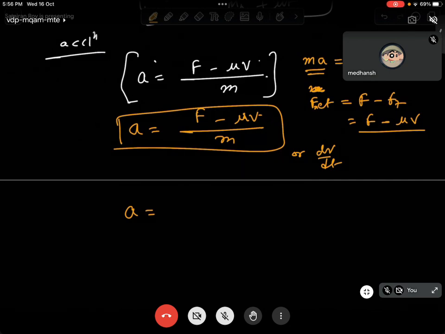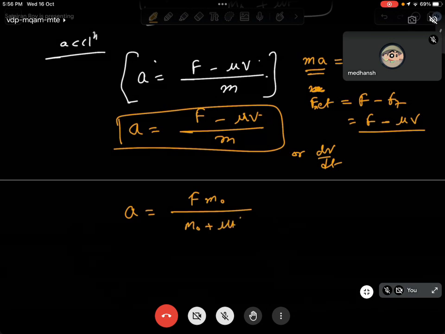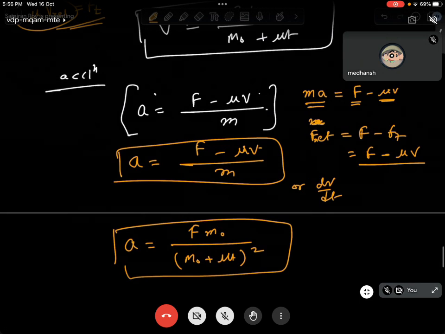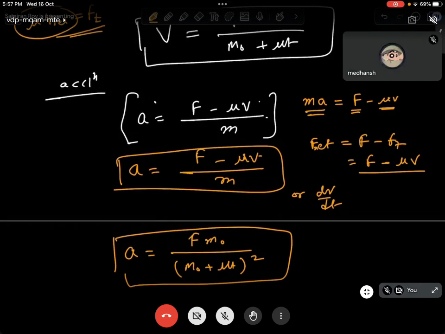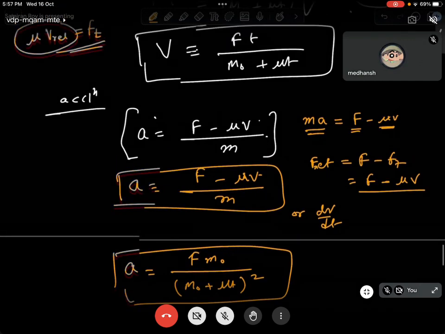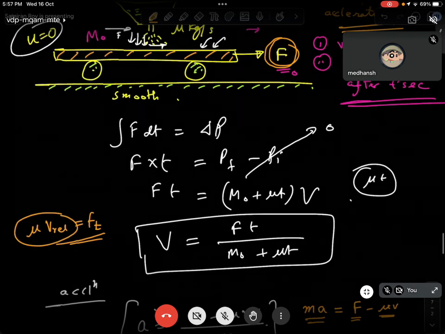You'll get F m naught divided by m naught plus mu t whole square. This is the acceleration. You solve this, put the value of v. I have got now previously v. You have to put this value of v.